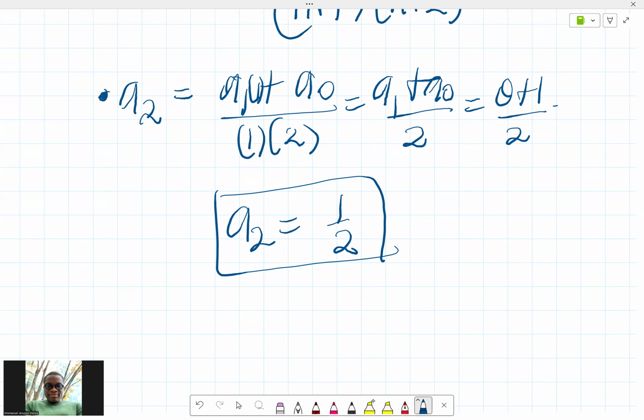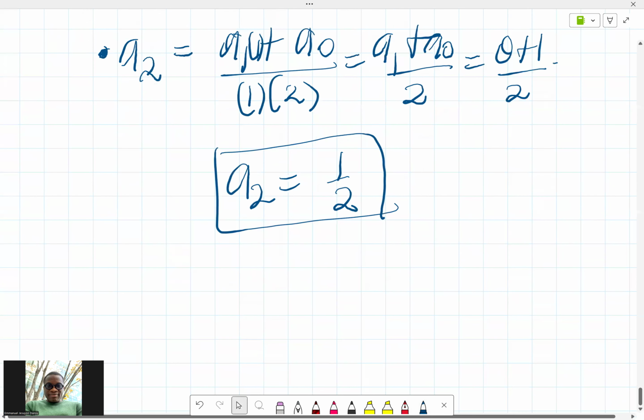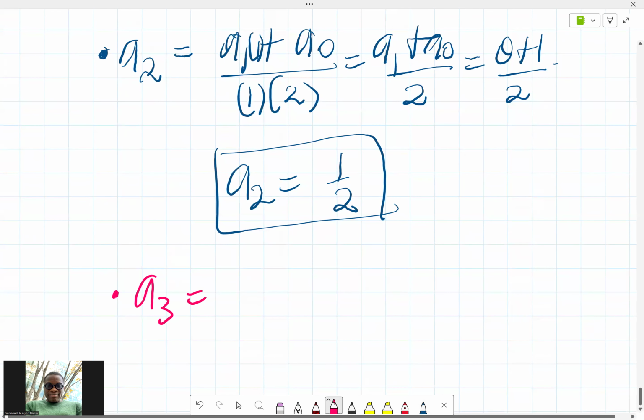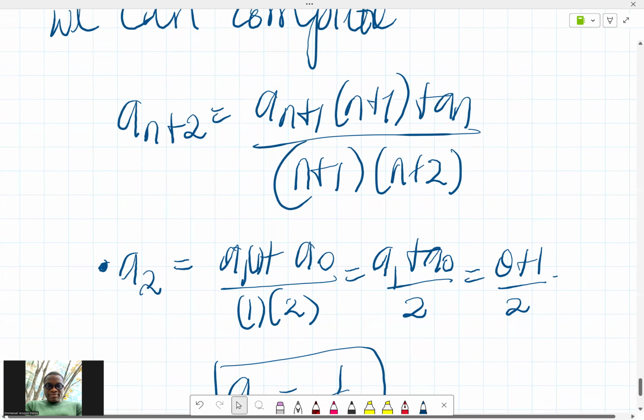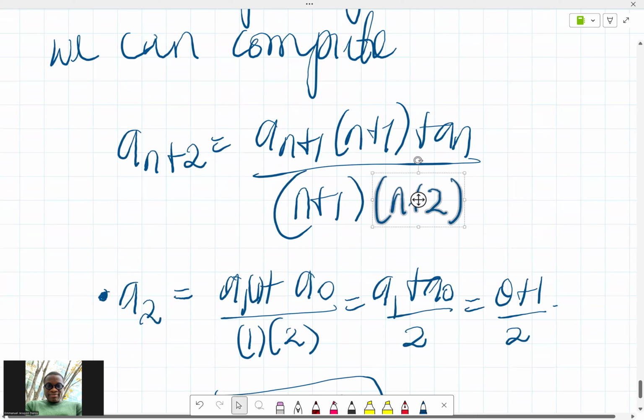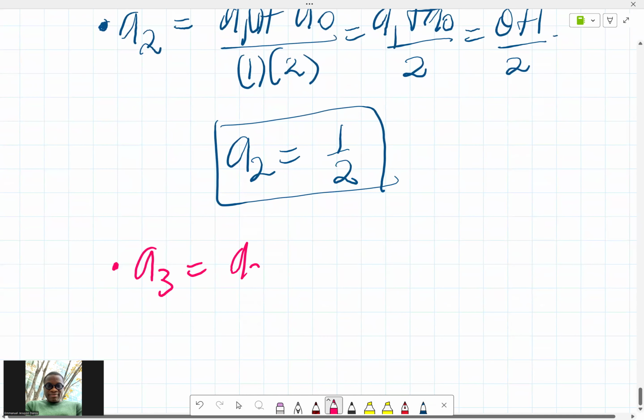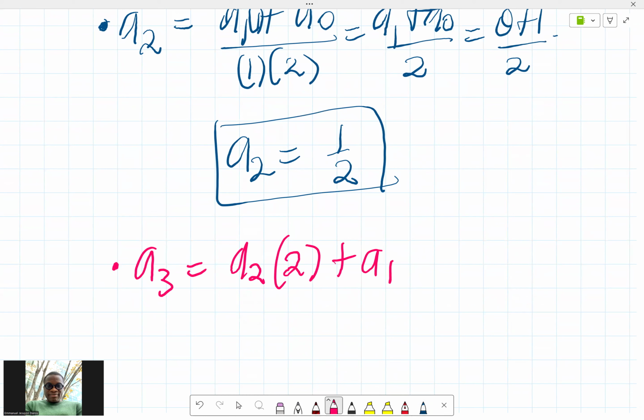And then we can go for a3. That means n is equal to 1. So 1 plus 2, that's why we have a3. So a(n+1), that is a2, into (n+1), that is 1 plus 1, that's 2, then plus a1, all over (n+1), 1 plus 1, 2, then (n+2), 1 plus 2 is 3.